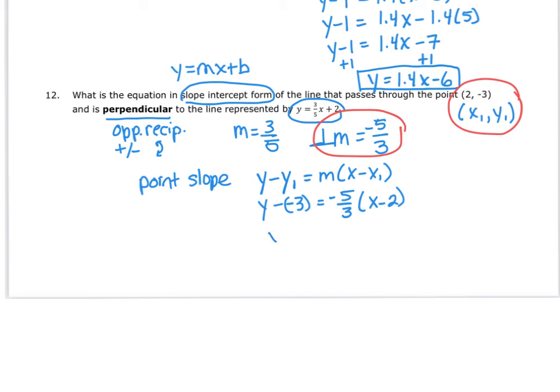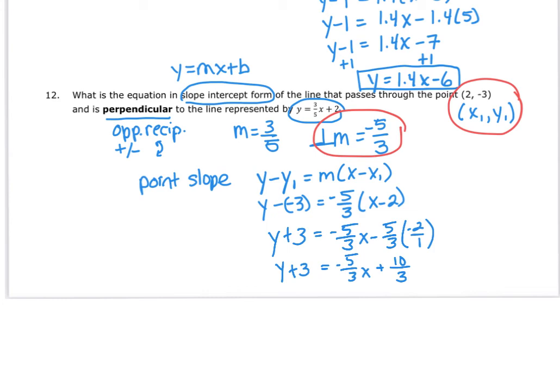Now that simplifies to y minus 3 equals negative 5 thirds x minus 5 thirds times 2. I'm just distributing that negative 5 thirds. So y minus 3 equals negative 5 thirds x plus 10 over 3, when I multiply negative 5 thirds times negative 2 over 1.